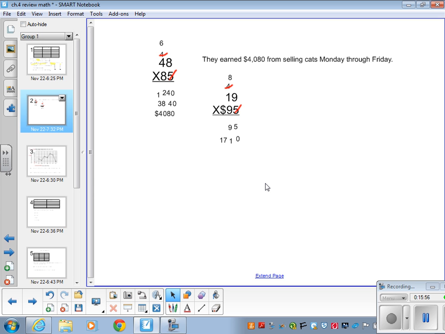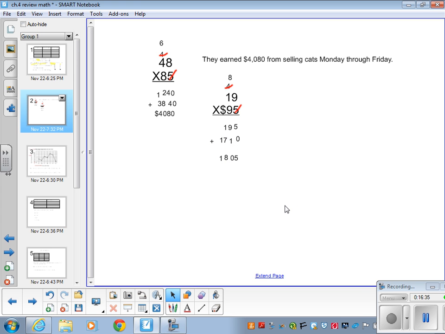If you said add, you're correct. 5 plus 0 is 5. 9 plus 1 is 10. 0, carry my 1. 1 plus 7 is 8. And then 1, then I just bring down the 1 because there's nothing to add to my 1.